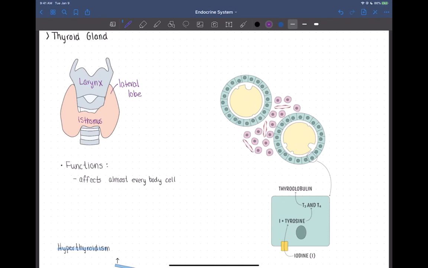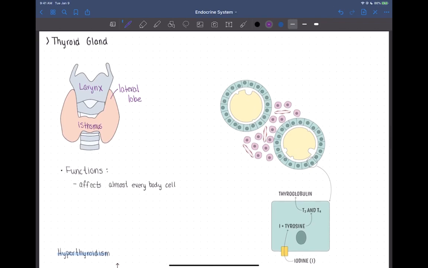Okay, and so then if we zoom in to the actual tissue of the thyroid gland, what you're going to see is that it contains a bunch of kind of ring structures. All right, and so these rings are called follicles. Okay, and so a follicle is a collection of cells around some sort of central structure. And so we'll see follicles more than once in different tissues. But by definition, a follicle is a collection of cells around a central structure.